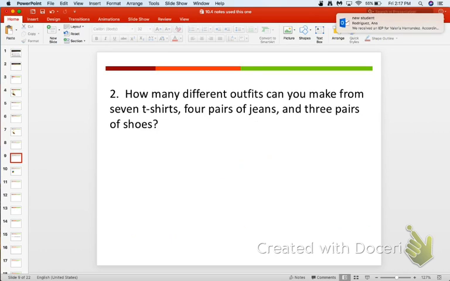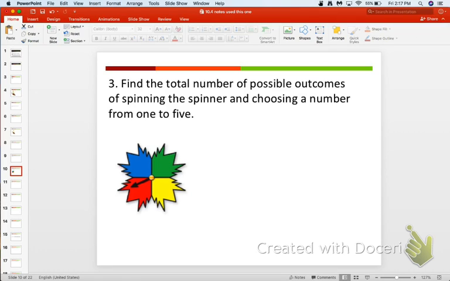Let's try another one. Here is a spinner. It says, find the total possible outcomes of spinning the spinner and choosing a number from 1 to 5. I'm reading this very carefully, and I see that my first thing is spinning a spinner, and the second thing is choosing a number. Looking at the spinner, I see that it has 4 sides, so my first outcome number would be 4.